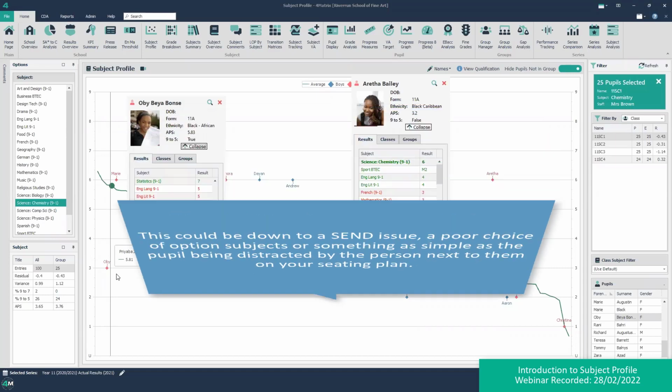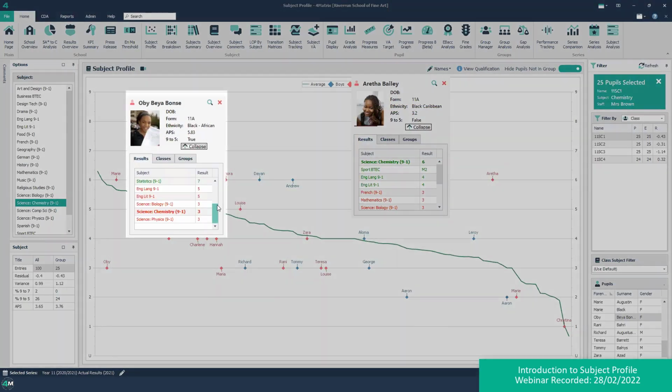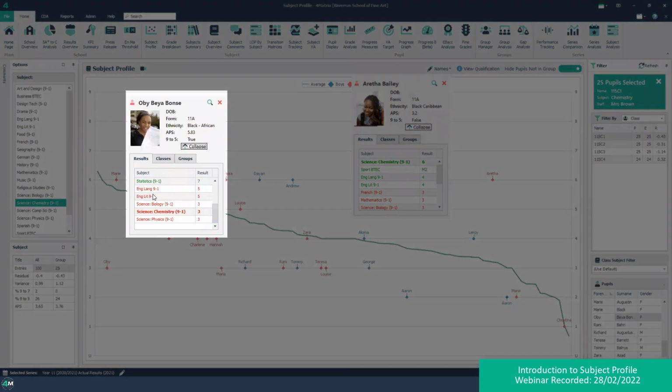So again, if we look at Obi's results in a bit more detail, you can see she's doing worse in all her science subjects compared to her others. Slightly worse in English, Lang and Lit, fairly consistent across the rest, but considerably worse in all three science subjects.